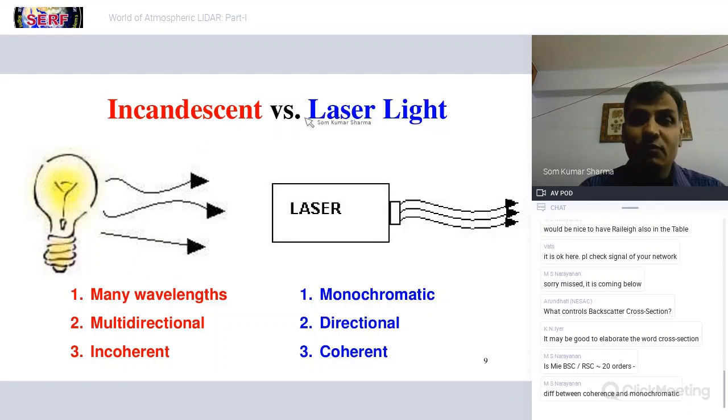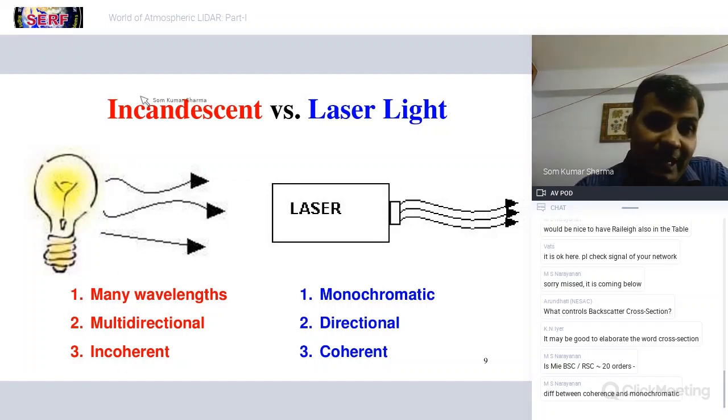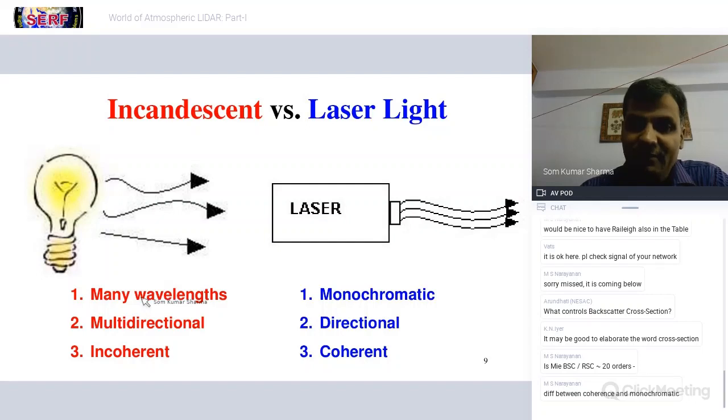In contrast, the laser light comes and goes very coherently in that one direction. Here you see the directionality is lost. So from the bulb, three major things: many wavelengths, multi-directional, and incoherent.